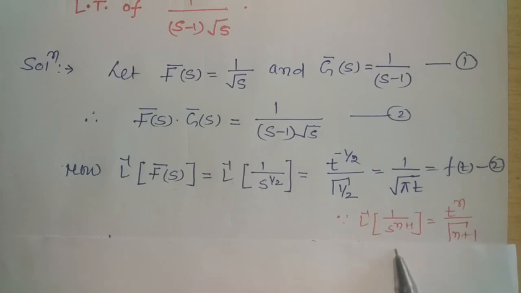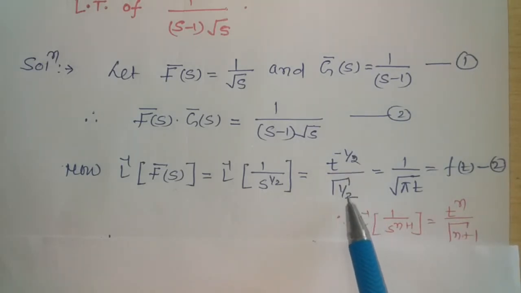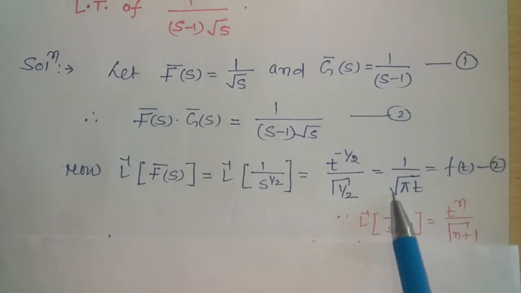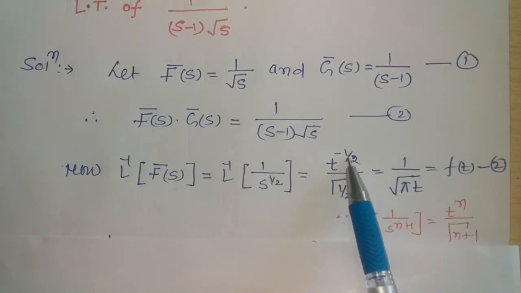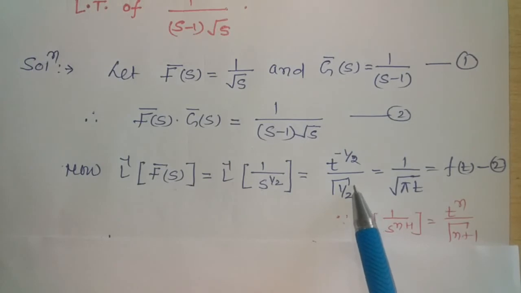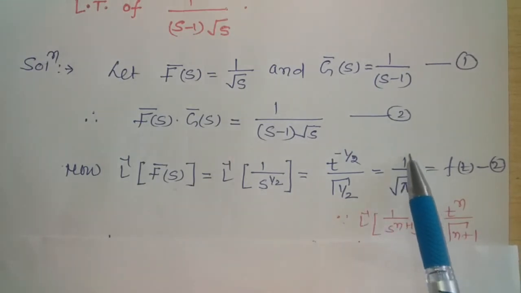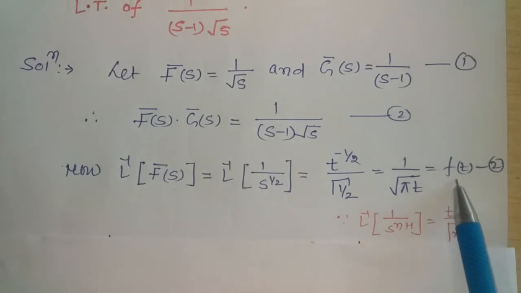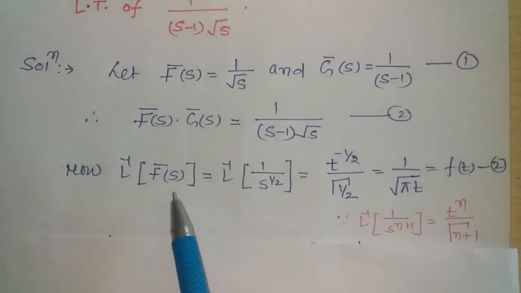Inverse Laplace transform of 1 upon s power half is t power minus half upon gamma half. Gamma half is root pi and t power minus half becomes 1 upon t power half, and t power half is root t, so we write 1 upon root pi t, which we denote by ft. The inverse Laplace transform of f bar s is ft.